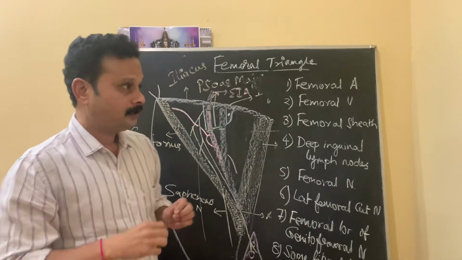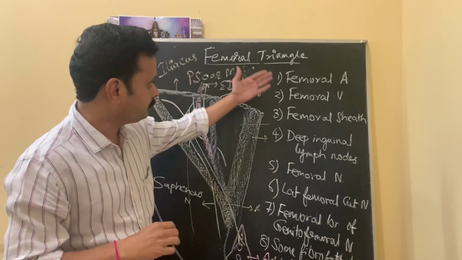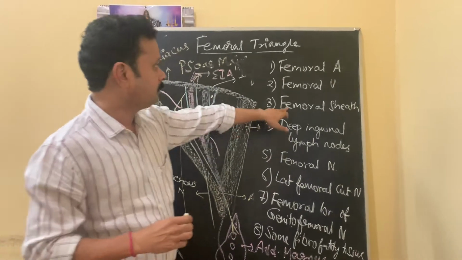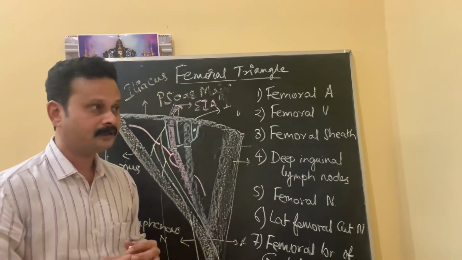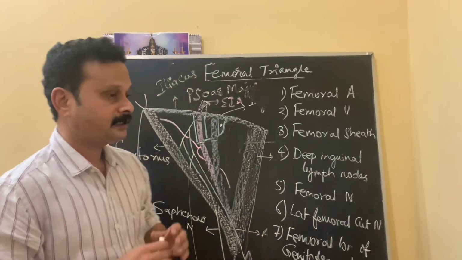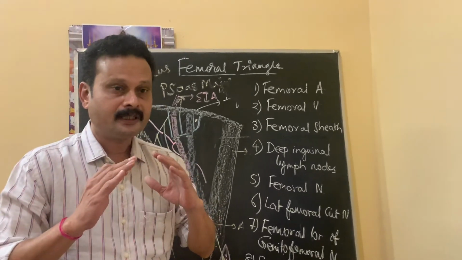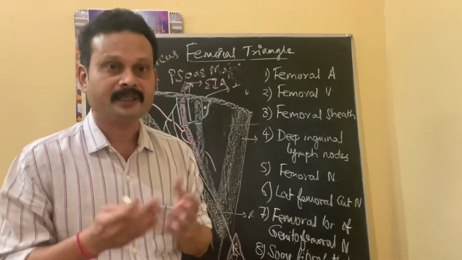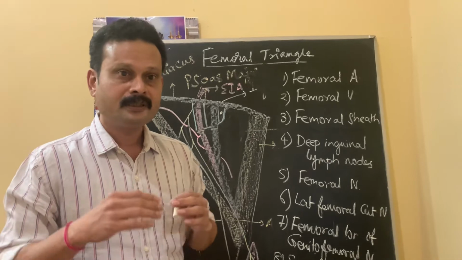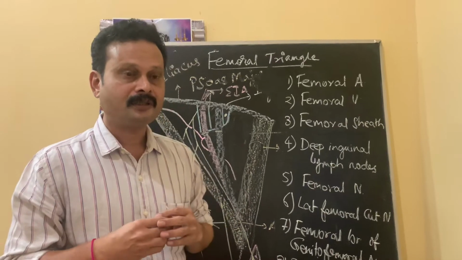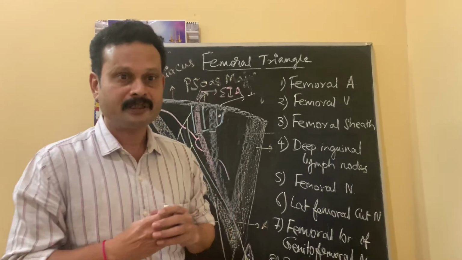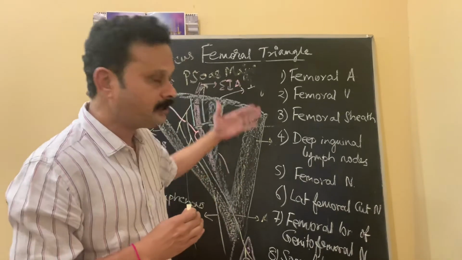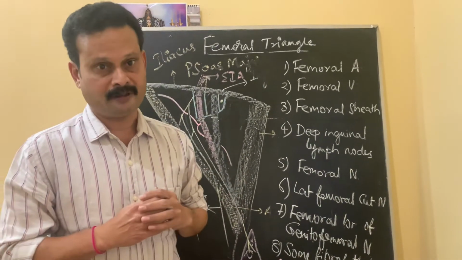Okay. Coming to the next content, which is the femoral sheath. It is important. It is a prolongation or extension of the fascial sheaths of the abdomen along with the extraperitoneal tissue into the upper part of the thigh.